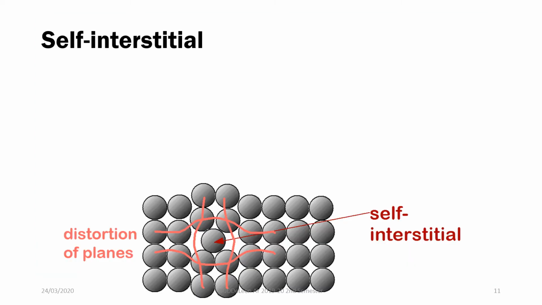So now let's look at another type of point defect in metals. We have your self-interstitial. Self-interstitial is when your host atom, rather than going to its proper lattice position, goes to an interstitial site.